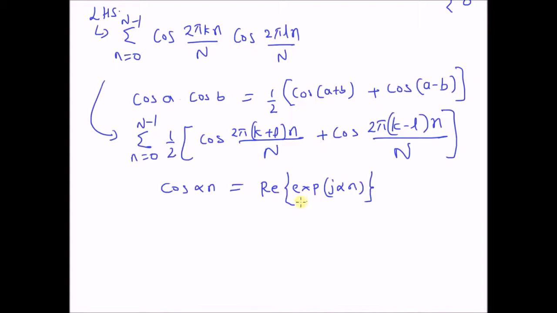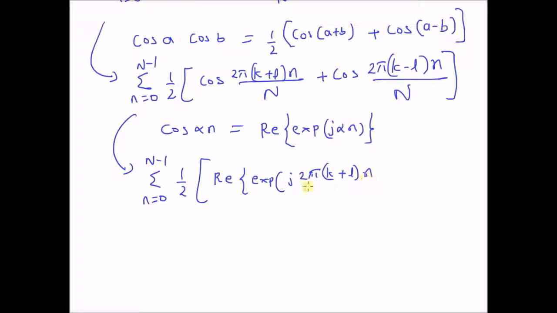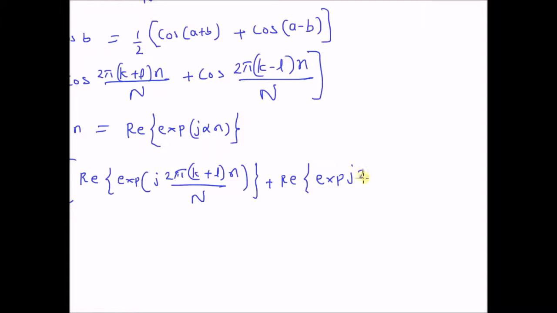So by using this definition we have the sum n equal to 0 to N minus 1 of 1 by 2 multiplied by the real part of exponential of j times 2 pi (k plus l) multiplied by n over N, and the second part is plus the real part of exponential of j times 2 pi (k minus l) multiplied by n over N.